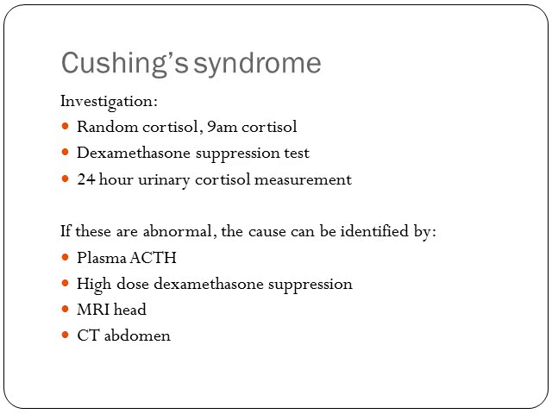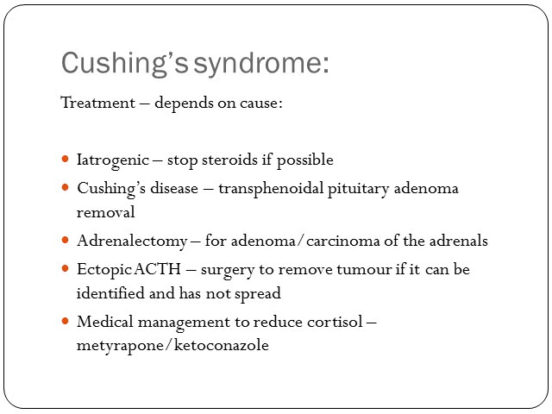You can do a high-dose dexamethasone suppression, which gives you a bit more information about the negative feedback loop. And then you can move on to an MRI head. As we said, one of the common causes is the pituitary adenoma, so looking for that. And then a CT of the abdomen to get a good imaging assessment of the adrenal glands themselves.